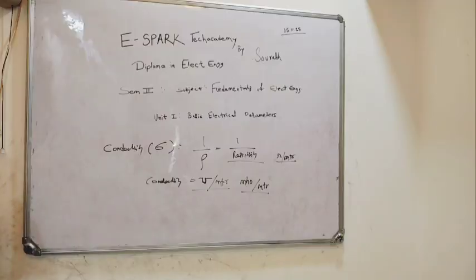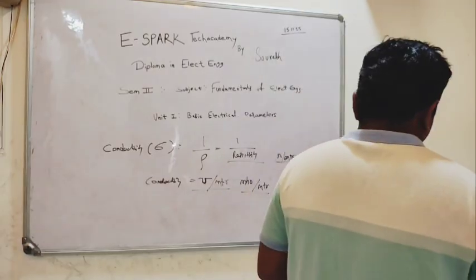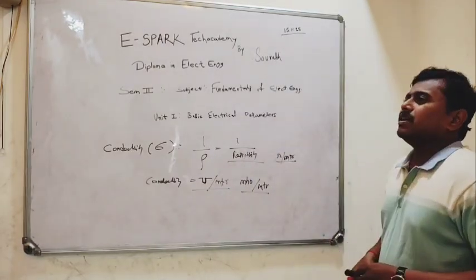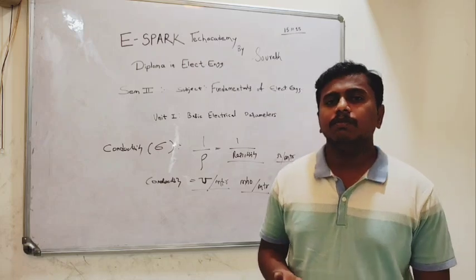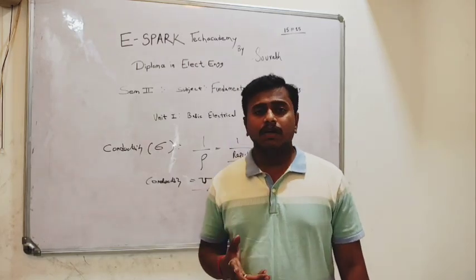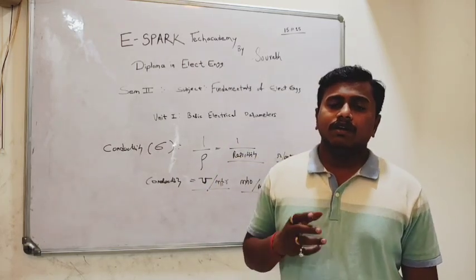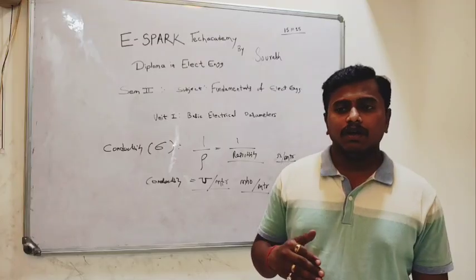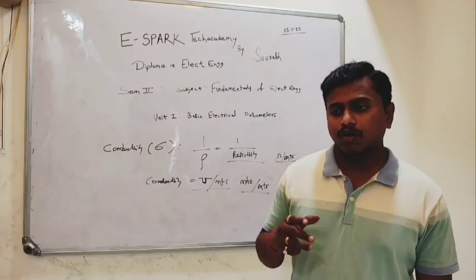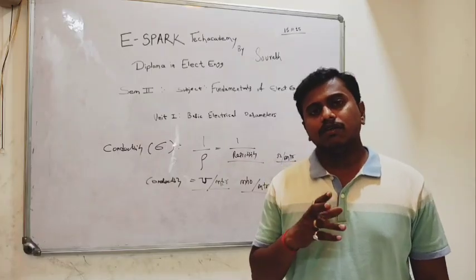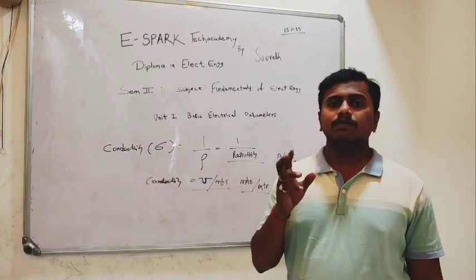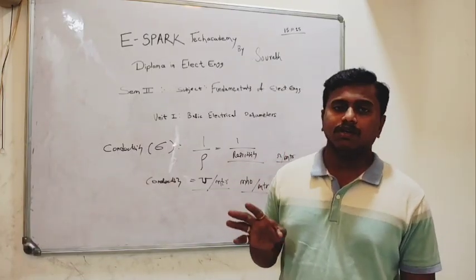Now, the effect of temperature on resistance. As we are dealing with metals, some way or other you will be dealing with non-metals and semiconductors. Temperature is an external parameter which will be affecting your circuit.